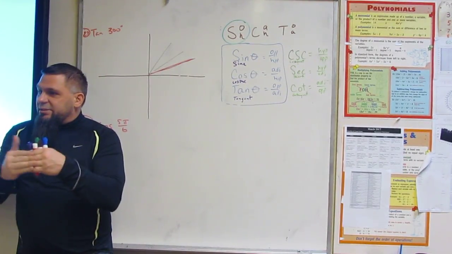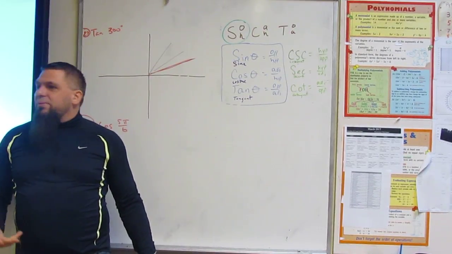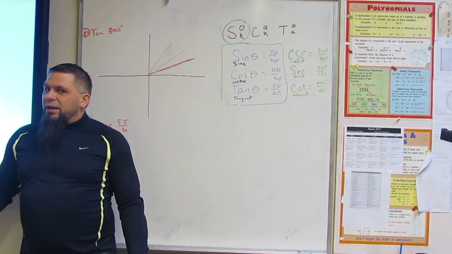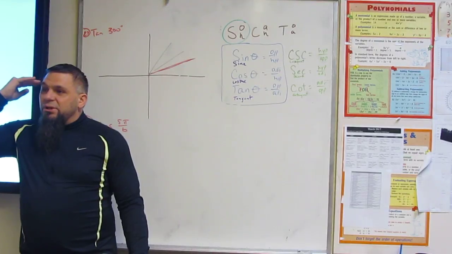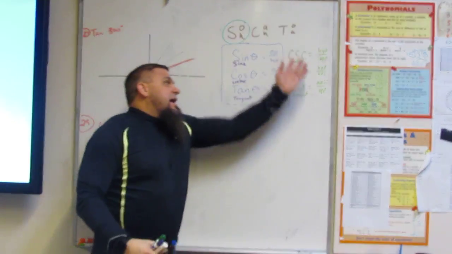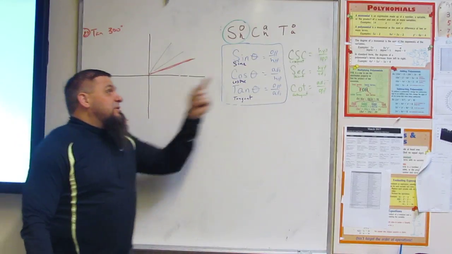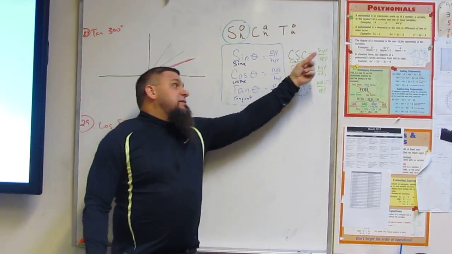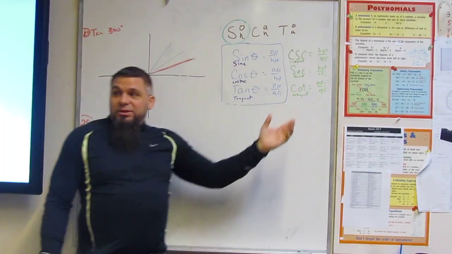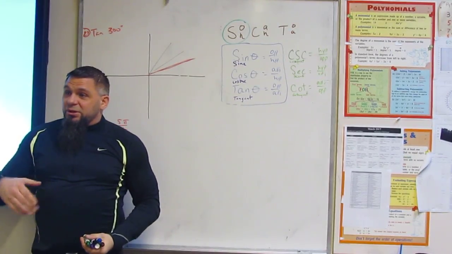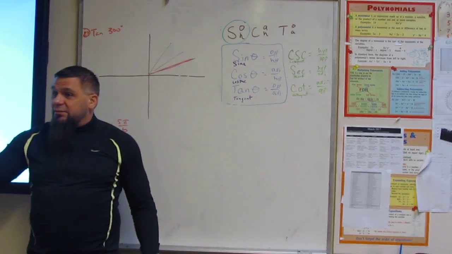Those are inverses. Once I can remember that, right, it's huge. Because now I have something I can use on the test. And I know if this is opposite over hypotenuse, then this is hypotenuse over opposite. This is key to doing SOHCAHTOA on that state test.